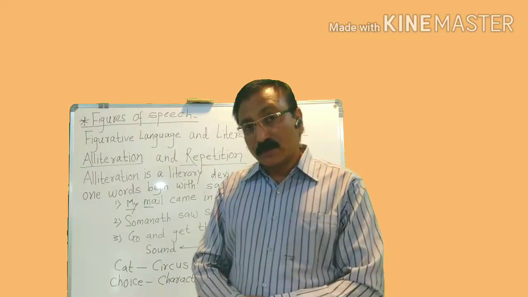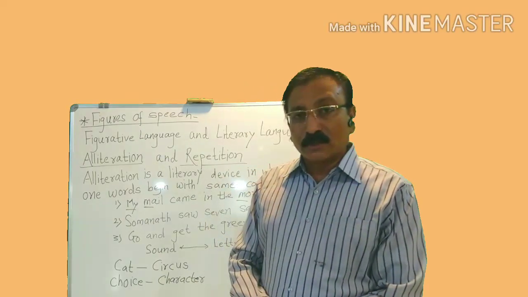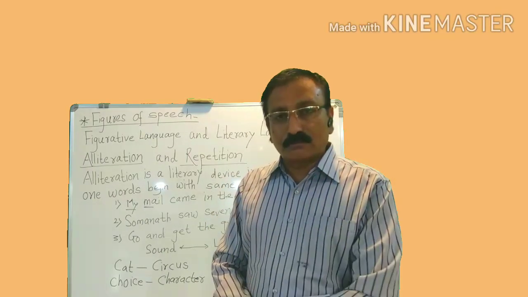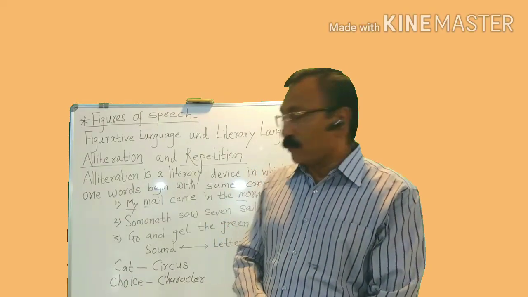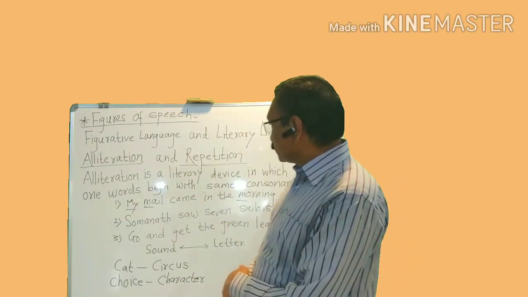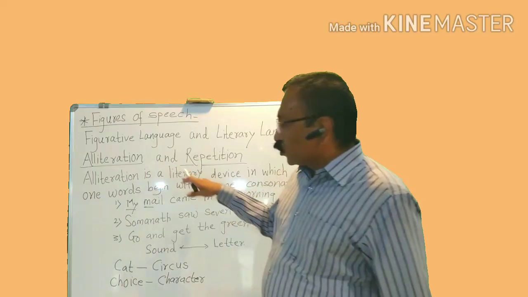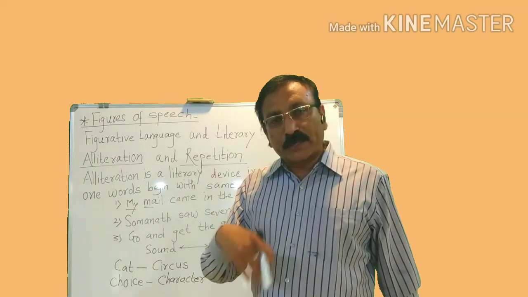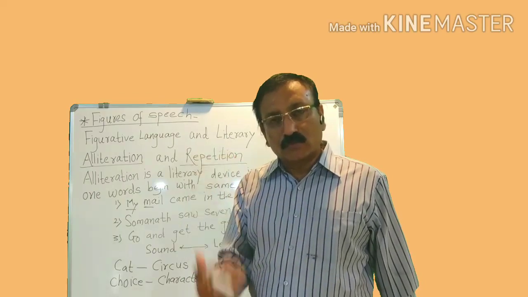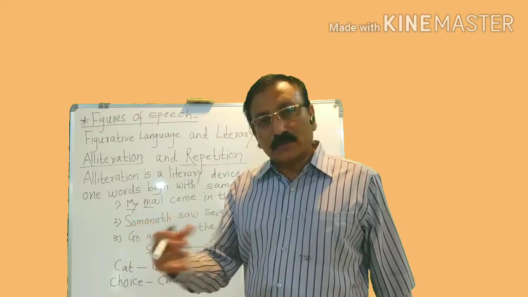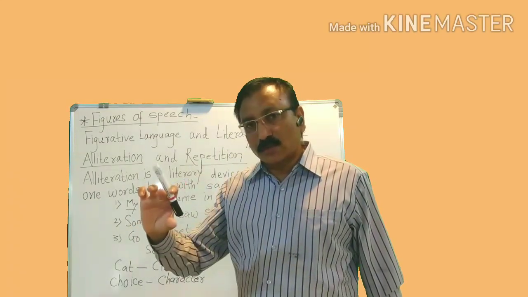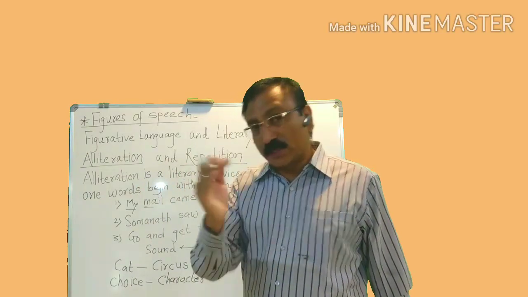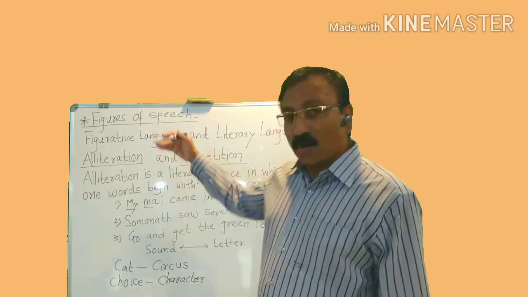But when we study alliteration, we must keep some things in mind. What is that? As I told you, in alliteration there is more than one word starting with the same sound. So let us take an example of alliteration.